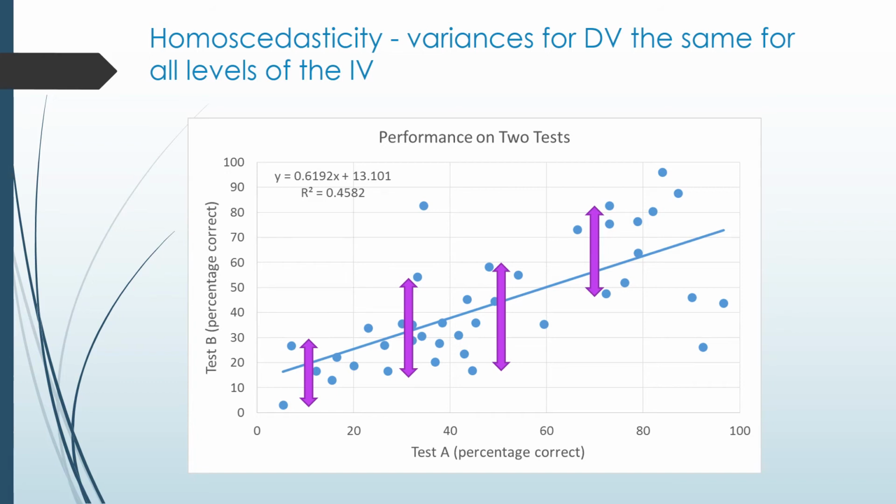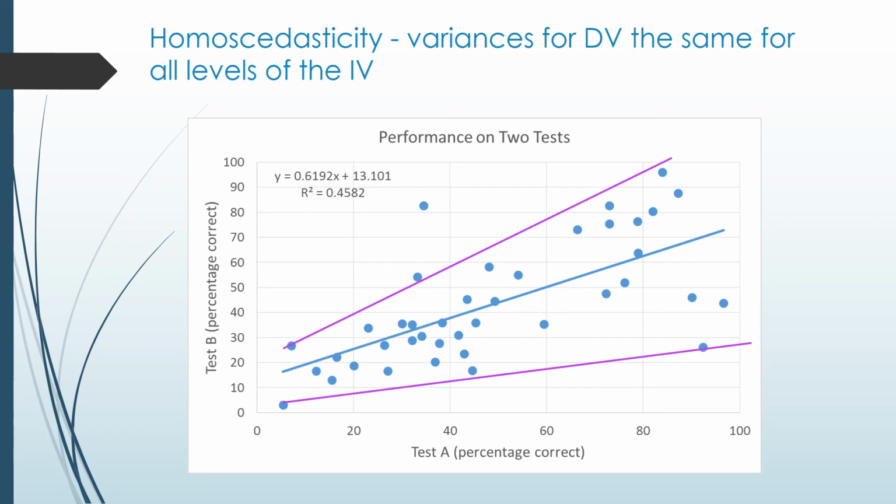However, when we get to scores on test A between 80 and 100, you can see they're a lot more spread out. This might suggest that we may not have homoscedastically distributed data, and that may potentially be a problem.